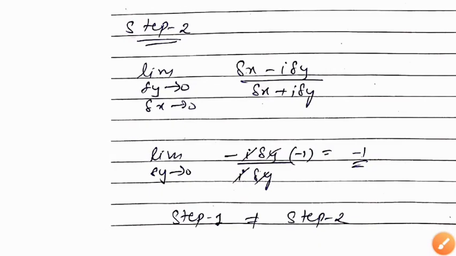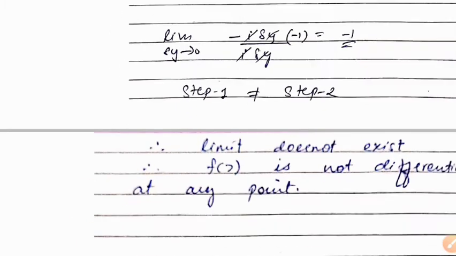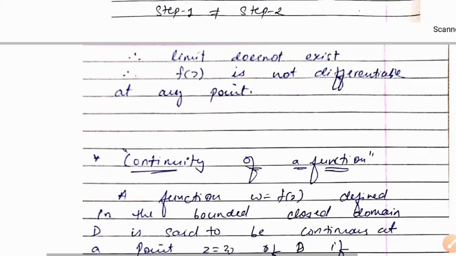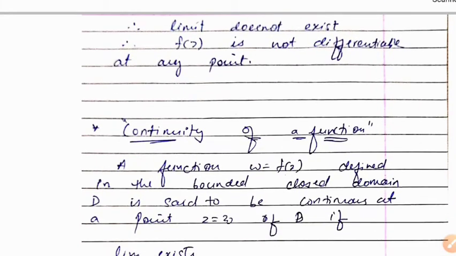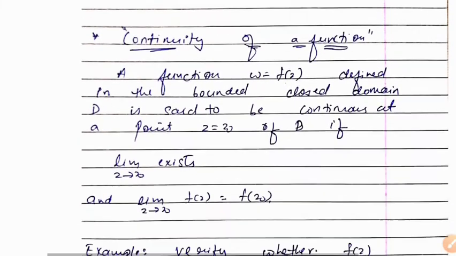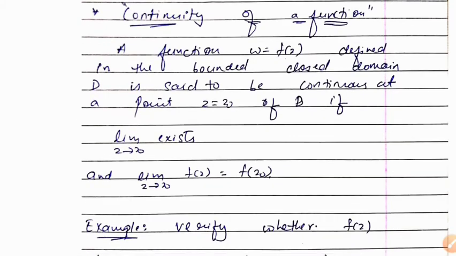Here you can see that step 1 is not equal to step 2. In the first step your answer was plus 1 and in the next step your answer is minus 1. Therefore we can say that the limit does not exist and hence the function is not differentiable at any point, right?